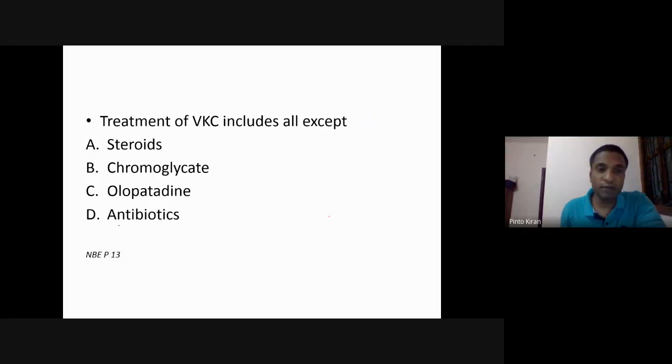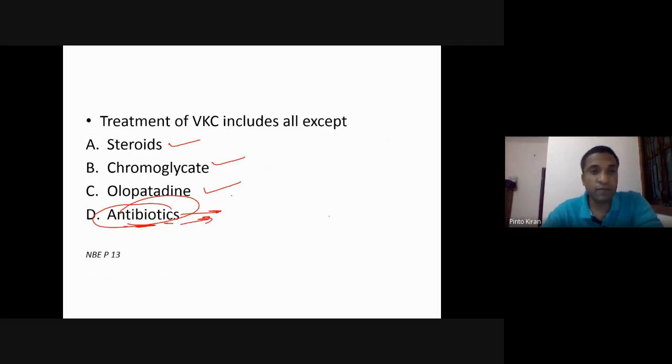You're not going to give antibiotics. Steroid needs to be given. Chromoglycate has to be given. Olopatadine needs to be given. Antibiotic really doesn't have any role except in secondary infections.